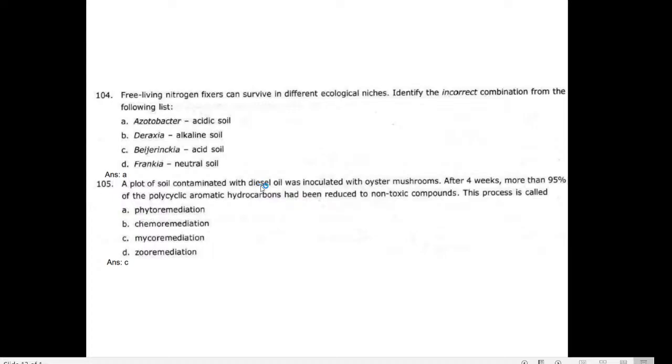It is highly toxic. After 4 weeks, the polycyclic aromatic hydrocarbons are reduced to non-toxic compounds. This is because of mycoremediation.